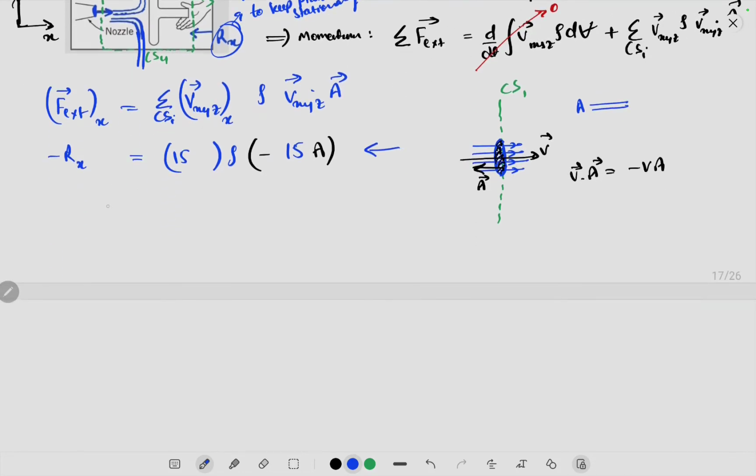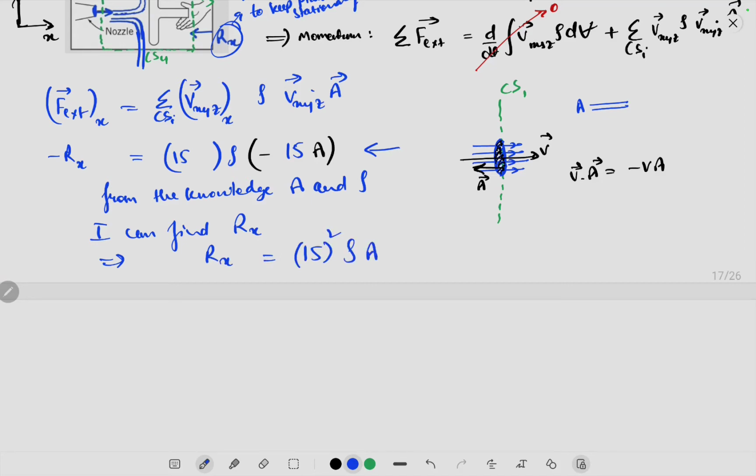Okay, so now from the knowledge of capital A and rho, I can find Rx. So Rx is 15 square rho A. I'm not further solving this, but you should get an idea of how we can solve this problem.